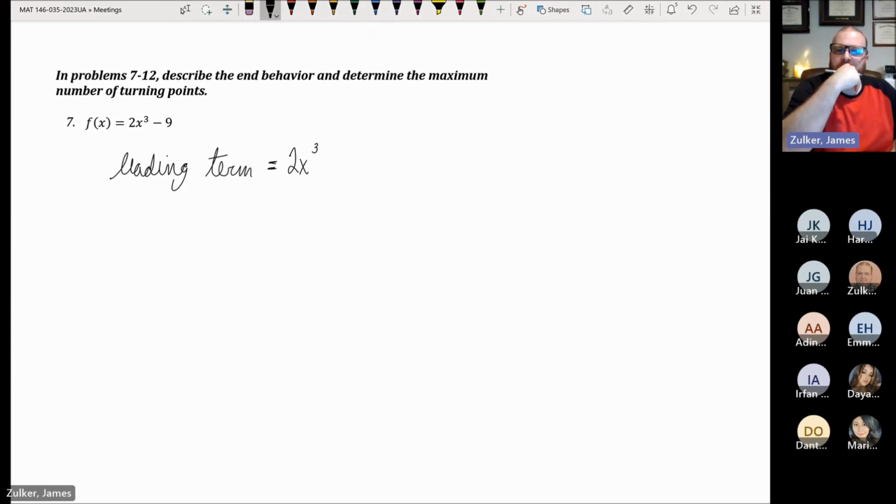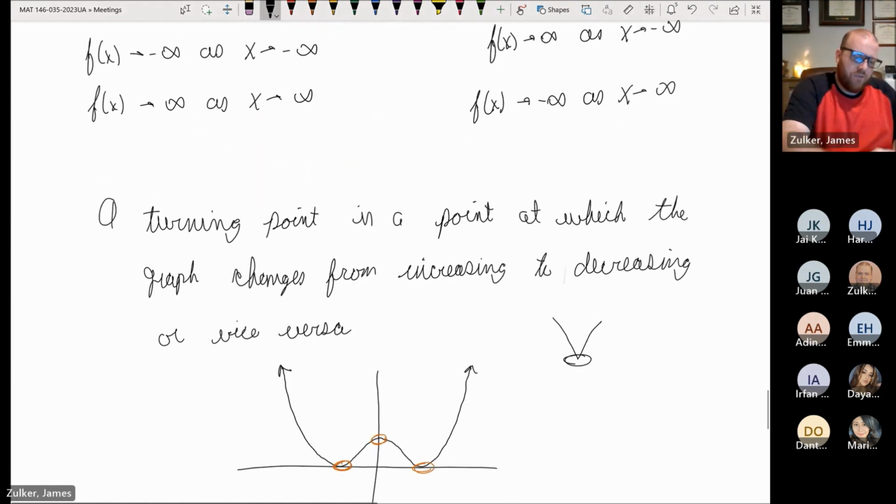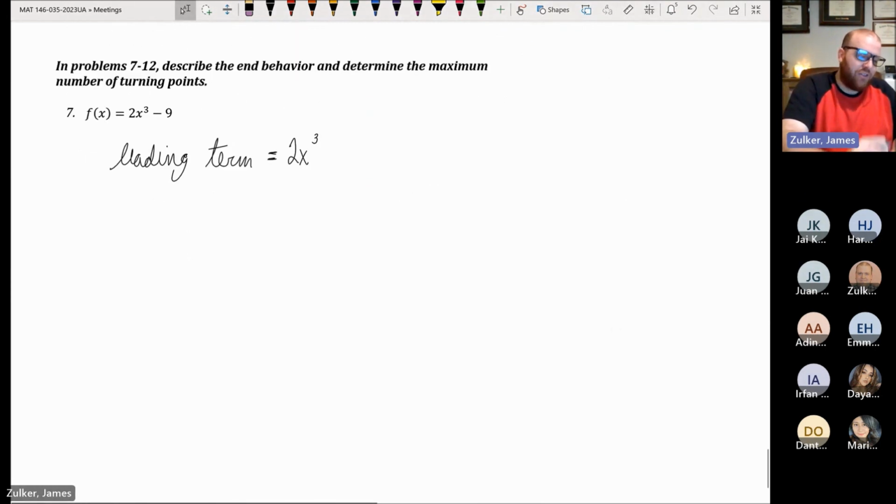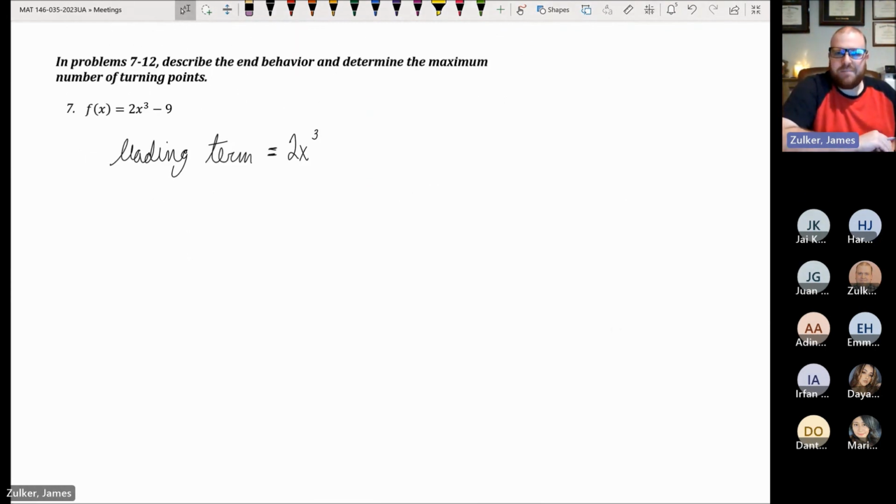Now look at its power. Is it even or odd? It's odd. So it's going to be one of these two cases. To determine which case, you now look at the leading coefficient. Is it positive or negative? It's positive, so yes, it was the left case.